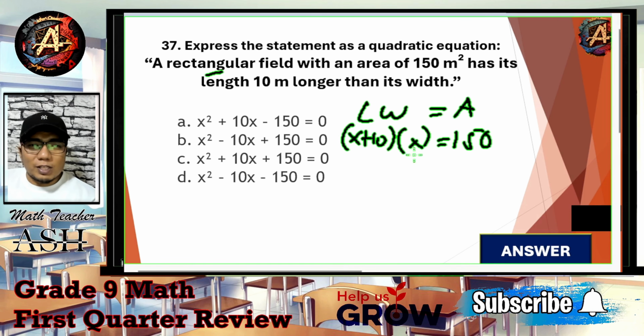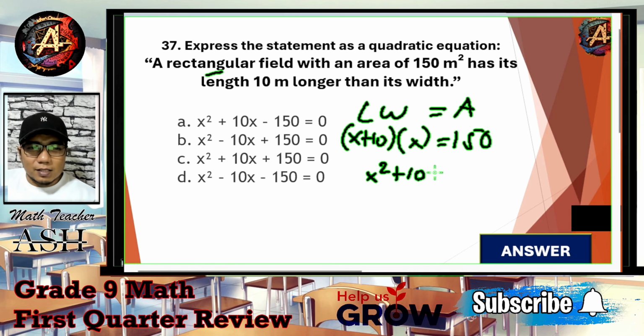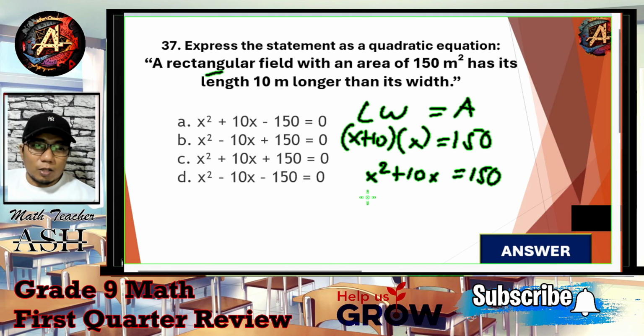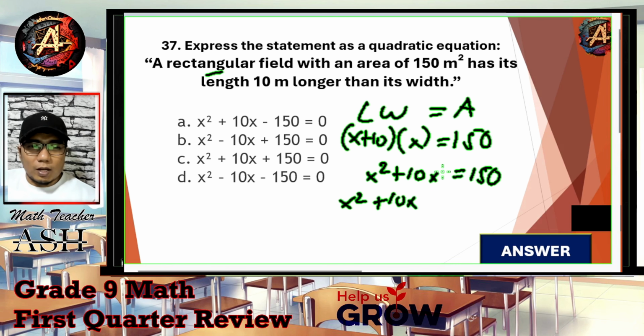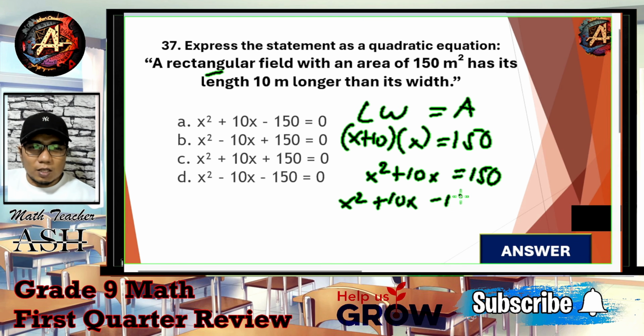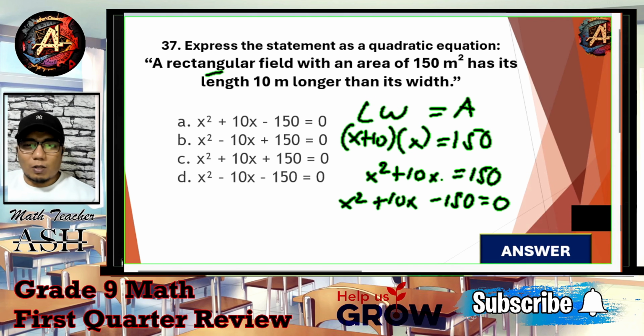If we simplify this, it will become x squared plus 10x is equal to 150. Arranging it into standard form, transposing our 150 to the other side, that would give us minus 150. So this is letter A. All right, let's check whether we are correct, my dear math learners.